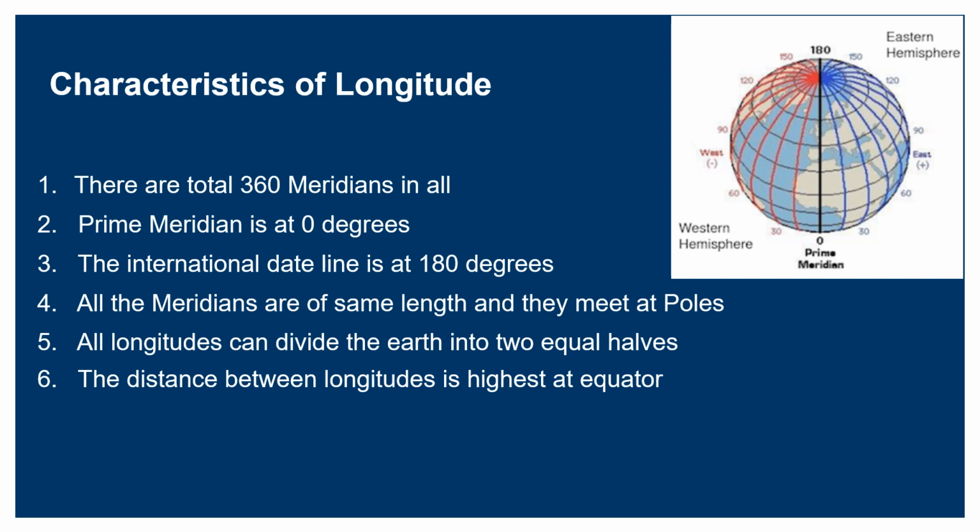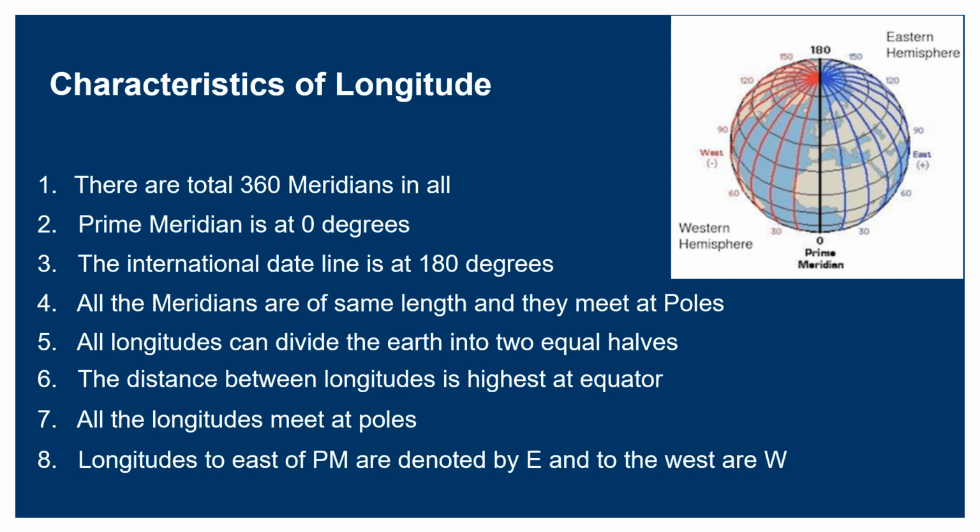You can see that they are farthest near the equator and then all of those longitudes meet at the poles. The longitudes to the east of the prime meridian are denoted by E and to the west of the prime meridian are denoted by W.